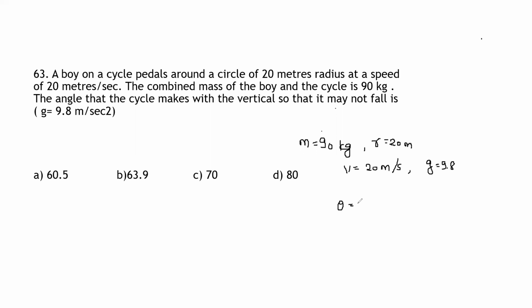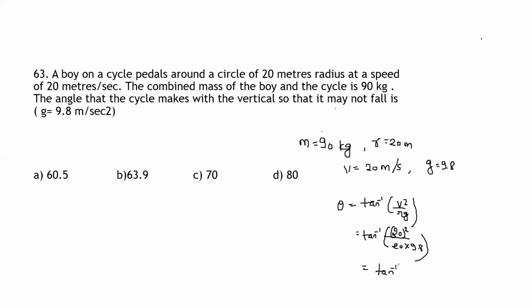Theta is equal to tan inverse of v square divided by r into g, which is equal to tan inverse of 20 whole square divided by r, which is 20, into g. Either you can take 9.8 or 10 also you can take.